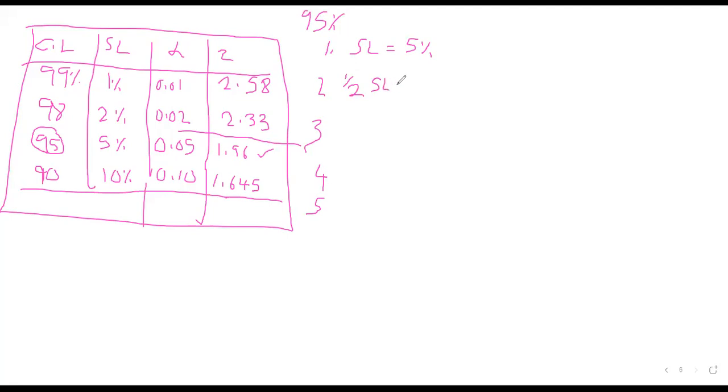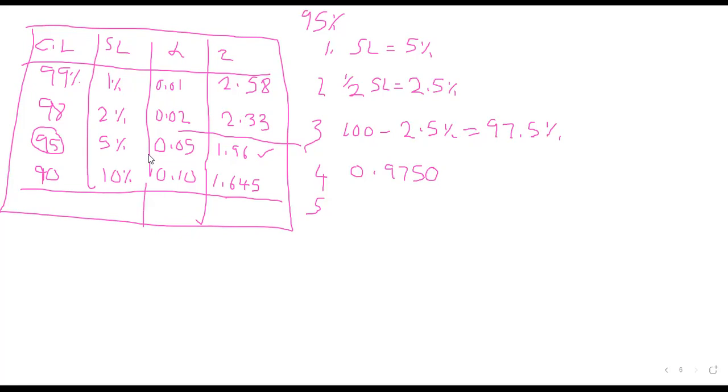2. This is a 2-tailed test, right? You get 2.5. Then I subtract from 100. You subtract from 100 to get what? 97.5. Then we convert it into a decimal, which is 0.975.